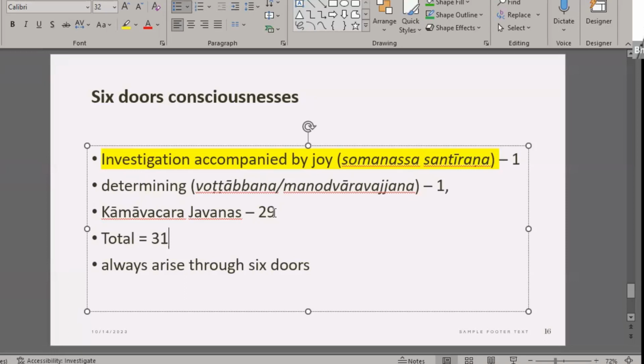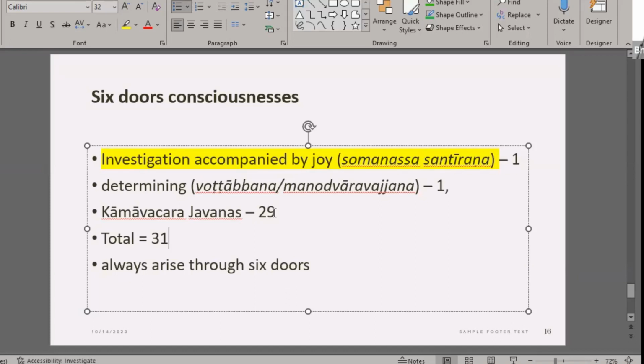Then, for 5 door consciousness, the determining consciousness arises, which we call Votthapana. In the mind door it is Manodvaravajjana. In the 5 doors, when Votthapana Chitta arises as determining, it can determine a visible object, sound, smell, taste, or tangible object.